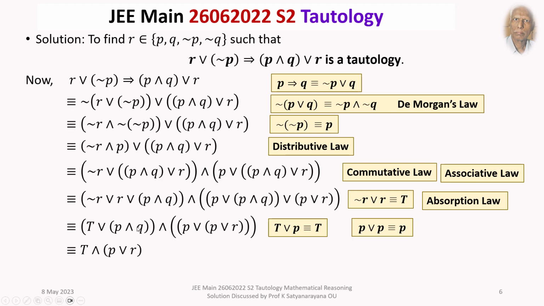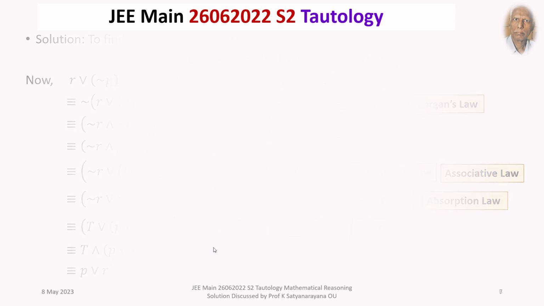So this is T and this is P or R. Now use that T and any statement P is logically equivalent to P. That means the answer is P or R. So the given logical statement is equivalent to P or R. We continue in the next slide.